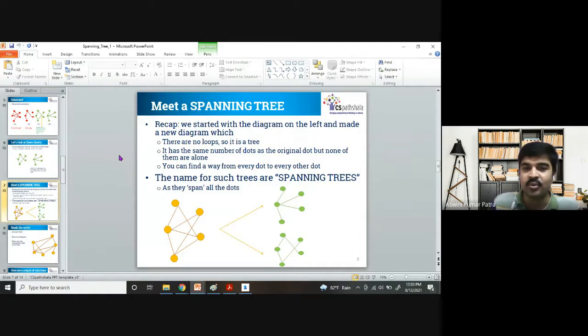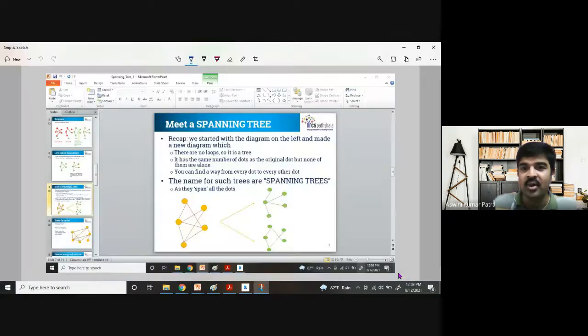That means there is no loop. See here, it is a diagram, and from that diagram I can have many spanning trees. Why do we call it spanning? Because it's spanning over all the dots.